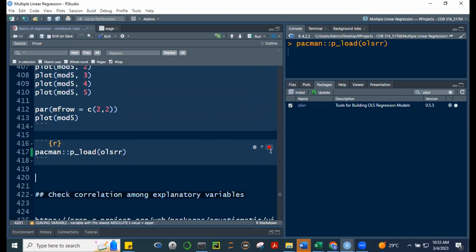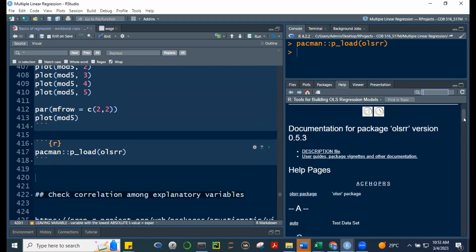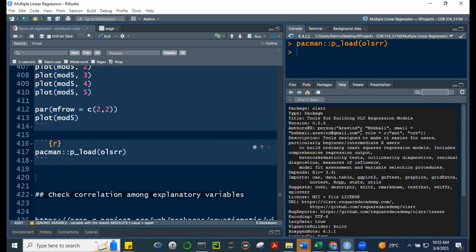Okay, let me load it also, although it's already loaded, no? And so what is this package for? Tools for building OLS regression. If I click this, all right, here's its description file. Tools for building regression models, current version 0.5.3. Authors, Aravind Hebbali.